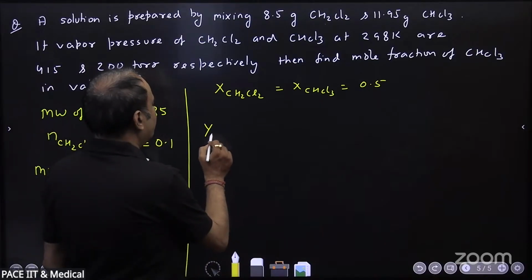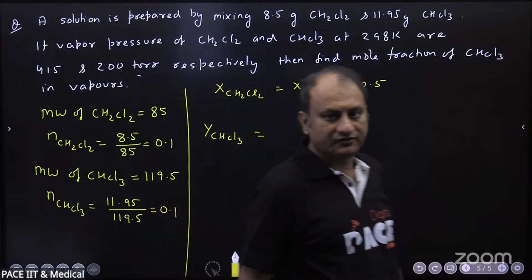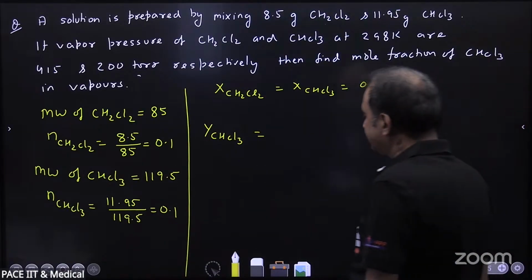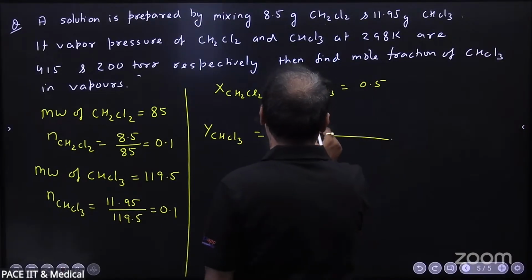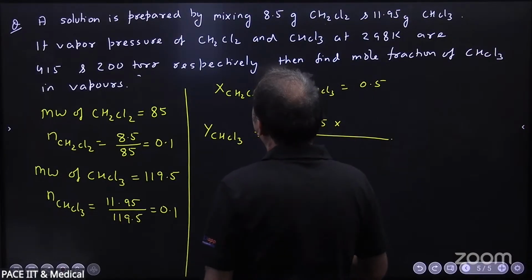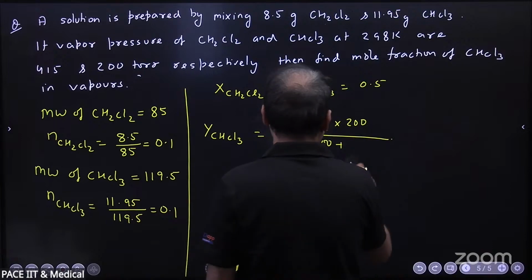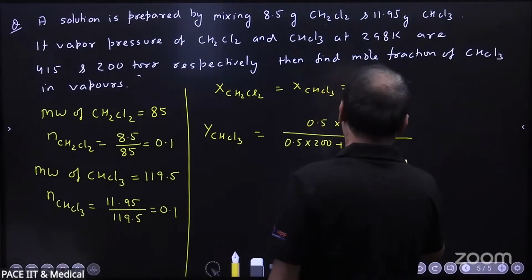Now we have to find Y of CHCl3. In vapor form, what is mole fraction of CHCl3? Mole fraction in liquid form 0.5 into pressure of pure CHCl3 200, by 0.5 into 200 plus 0.5 into 415.